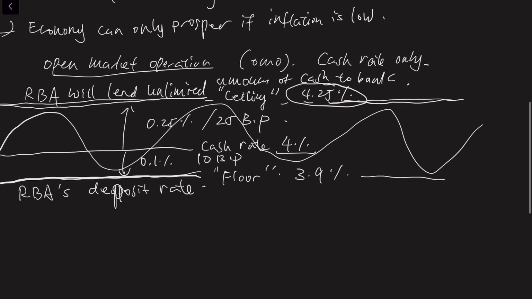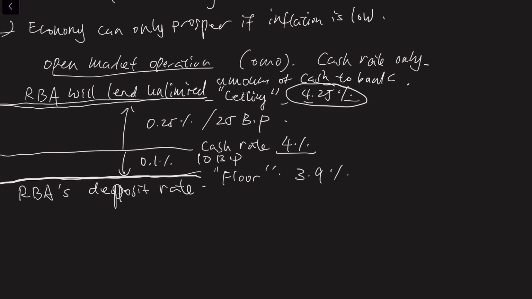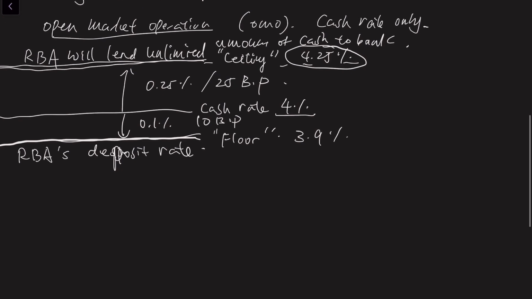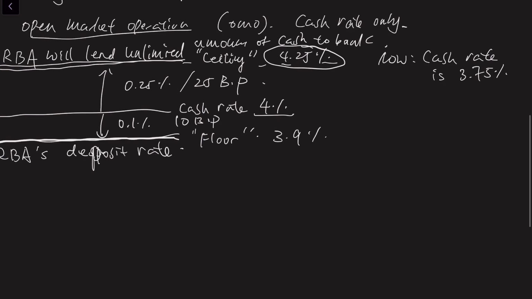And suppose now the RBA changes the interest rate. It reduces the cash rate by 25 basis points, or by 0.25%.